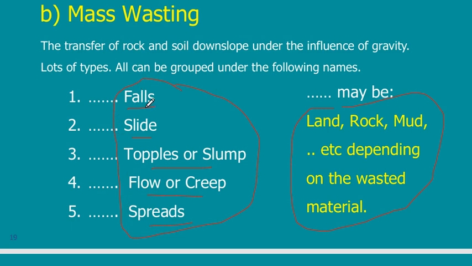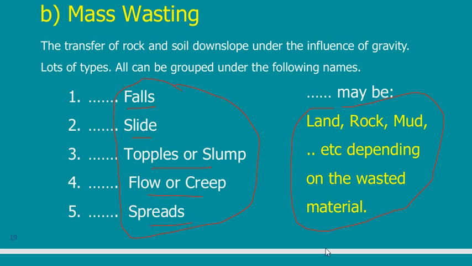They either fall, slide, or topple, which means just falling or crawling down. Flow means that it would move, like a paste flowing, not liquid of course, or creeping. Then we have spread. It means pieces going away from each other.